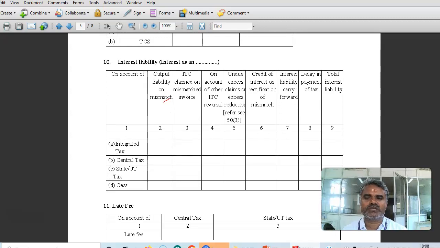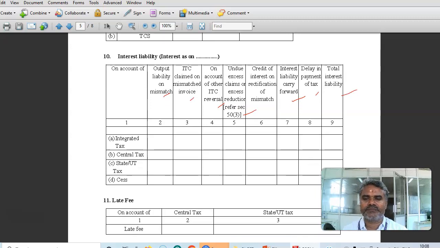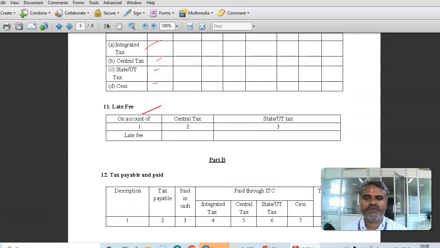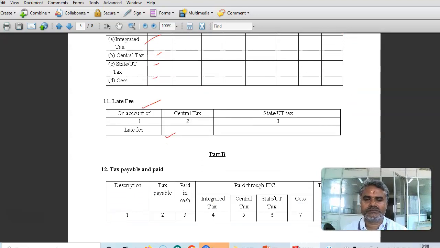Output liability on mismatch, ITC claimed on mismatched invoice, other ITC reversal, undue excess claim, delay in payment of tax, total interest liability: integrated tax, central tax, state tax, everything. Whenever you have information, you give, otherwise you mark as nil. If any late fee is applicable, you give.